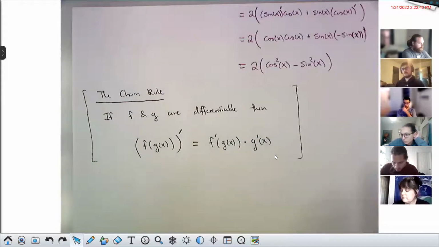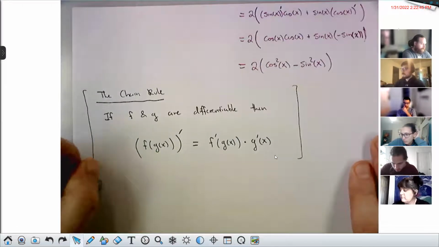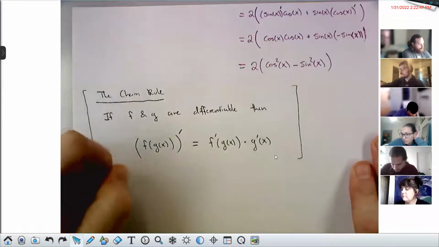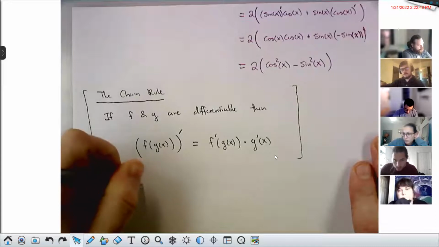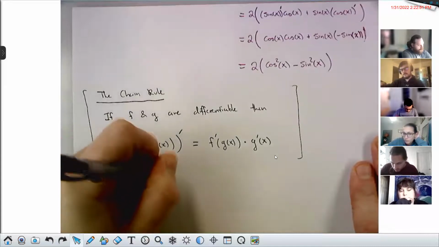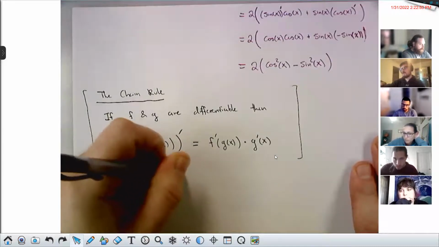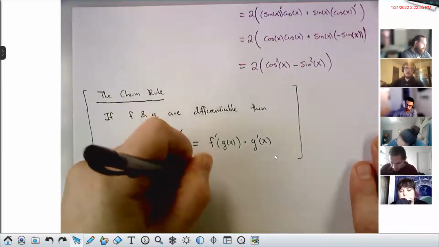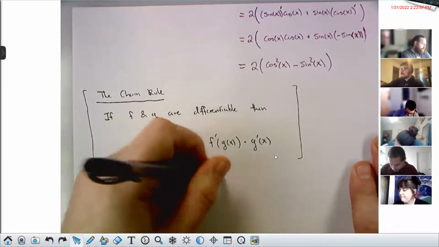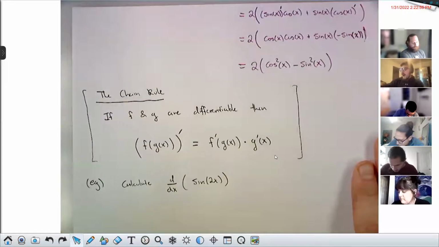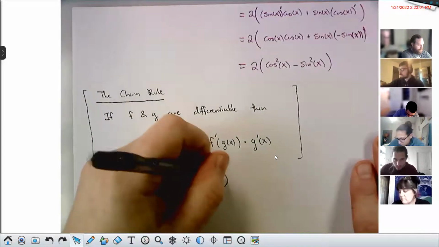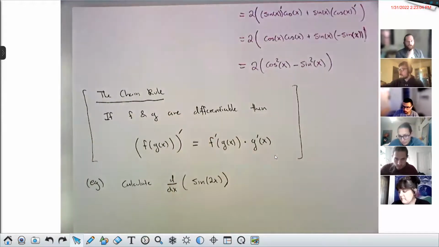A great example is the one we just did. I'll write it a little bit differently. Calculate d/dx of sine of 2x.